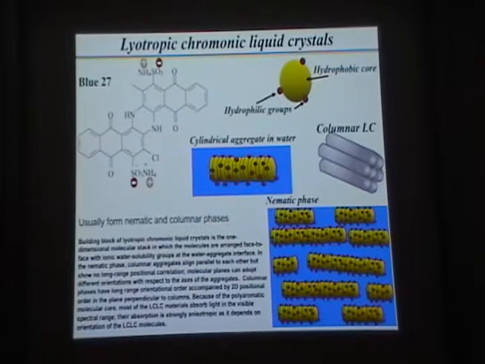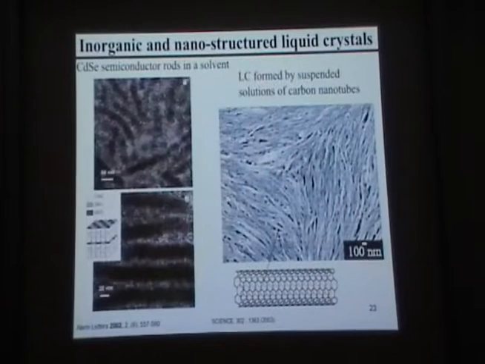And so now, as you will form those long stacks of molecules, you can form either nematic phase. So in this case, the stacks have orientational ordering but no positional ordering, or you can also form columnar hexagonal phase and many other phases.